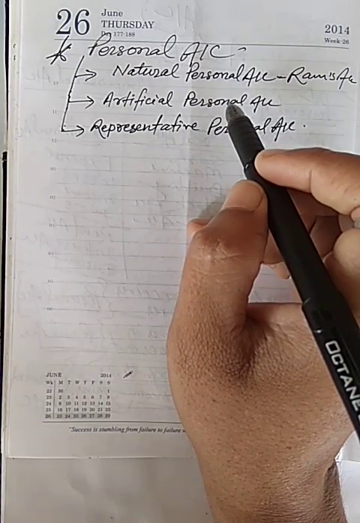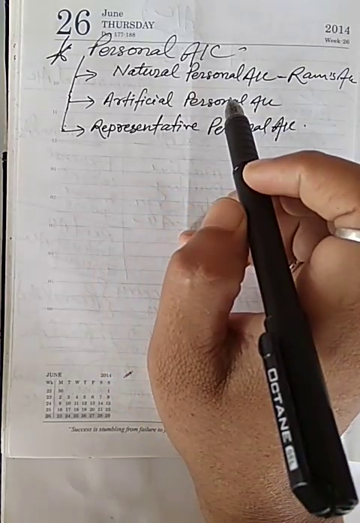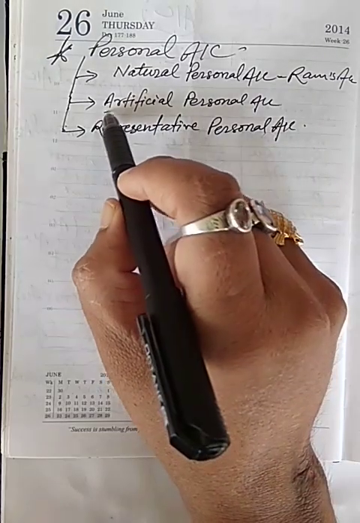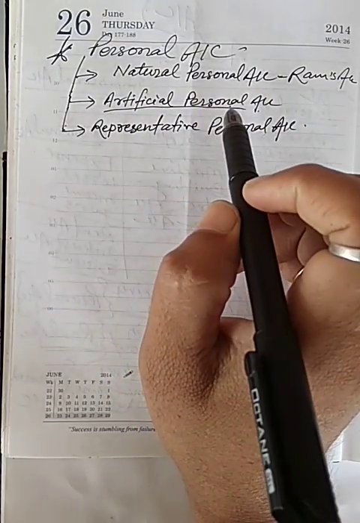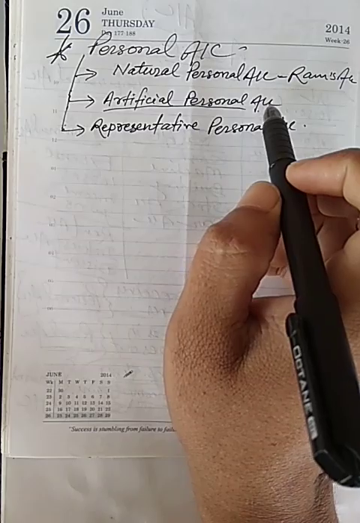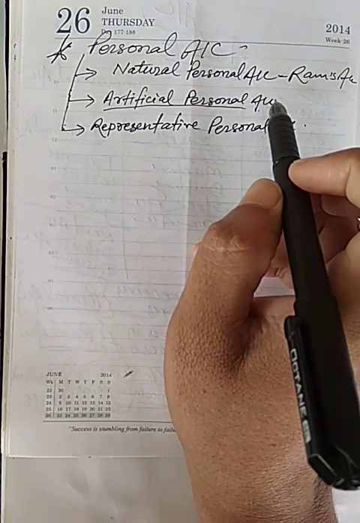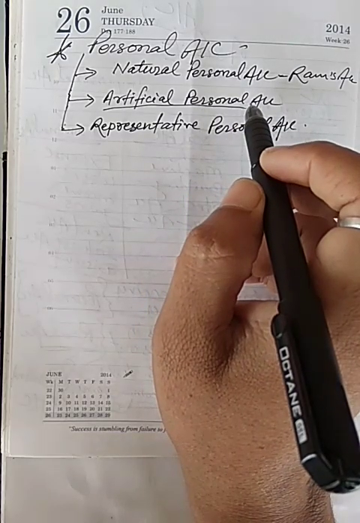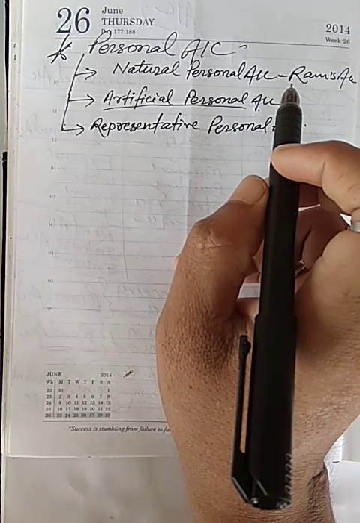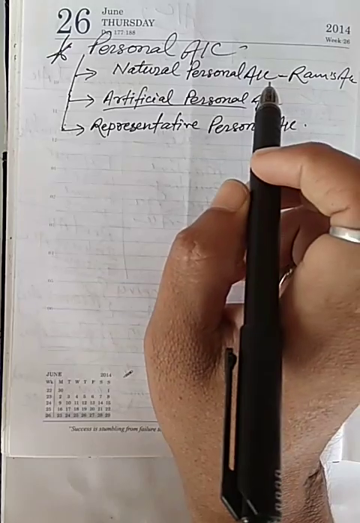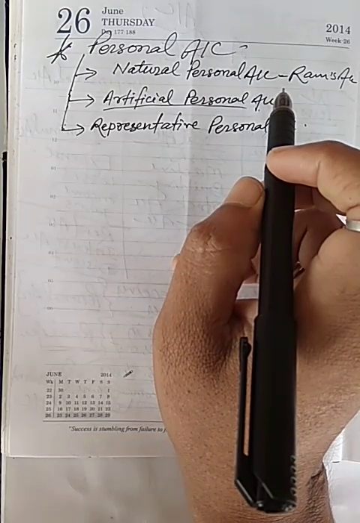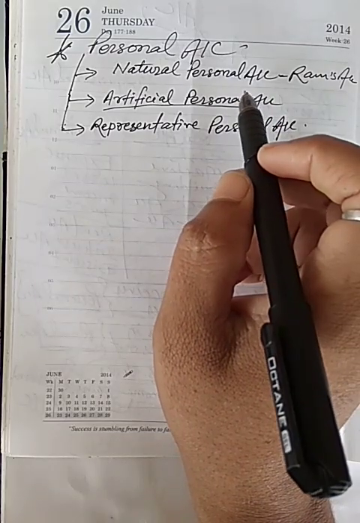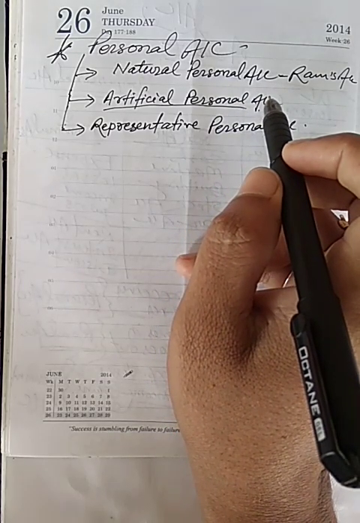Artificial personal account means these accounts do not have physical existence as human beings, but they work as personal accounts. For example, any firm's account, any limited company's account, any institution's account, and any bank's account. These are artificial personal accounts.